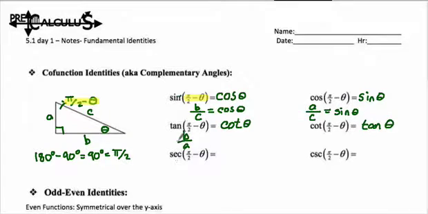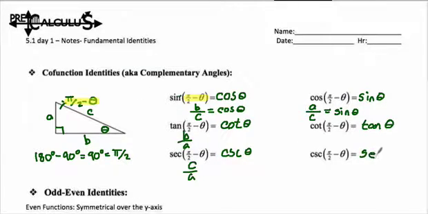Okay, secant is going to be hypotenuse over adjacent, so c over a, which from theta is the cosecant, hypotenuse over opposite. Whew, I am really tired. I'm struggling here. Sorry, my brain isn't working that quickly. So that means the cosecant of this angle is going to give you, of course, secant of theta.